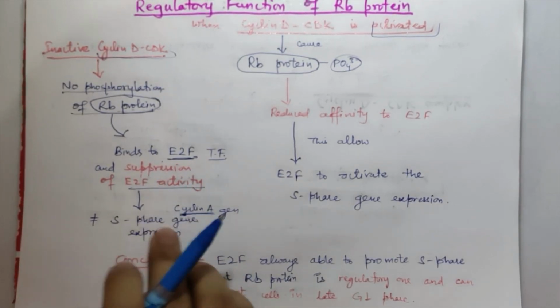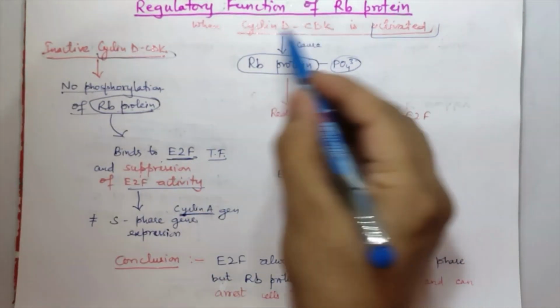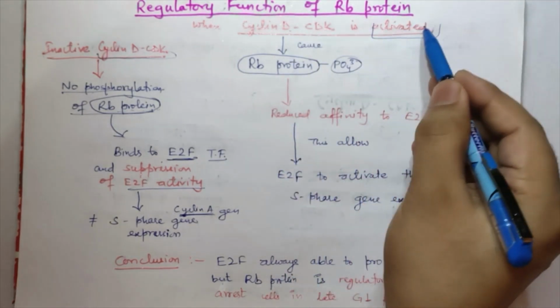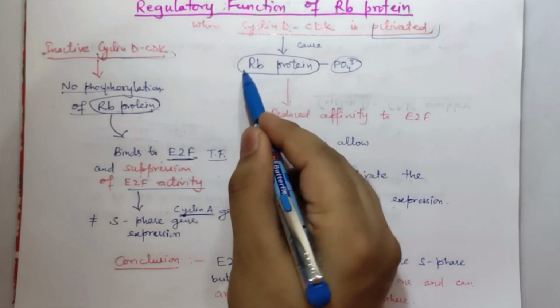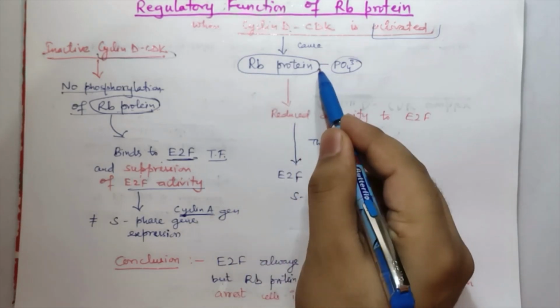Thus the cell cycle is arrested. But when the cyclin D-CDK complex is formed, it is active, and it causes phosphorylation of the retinoblastoma protein, RB protein.